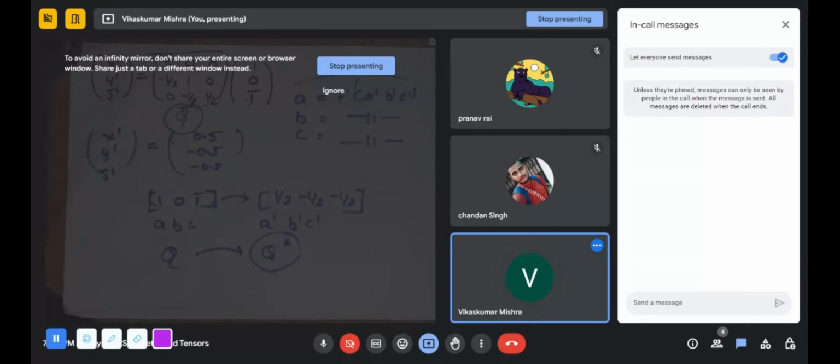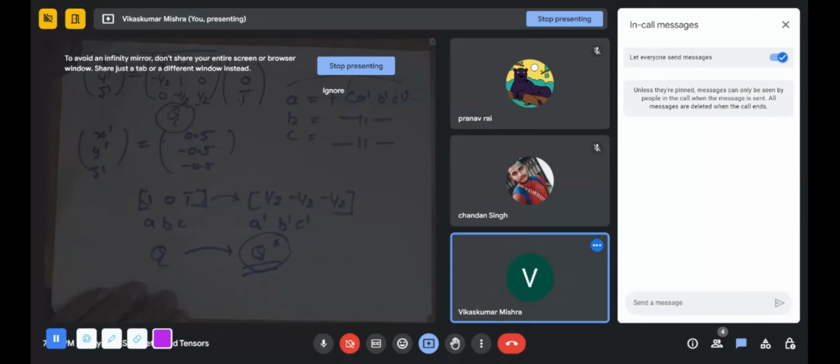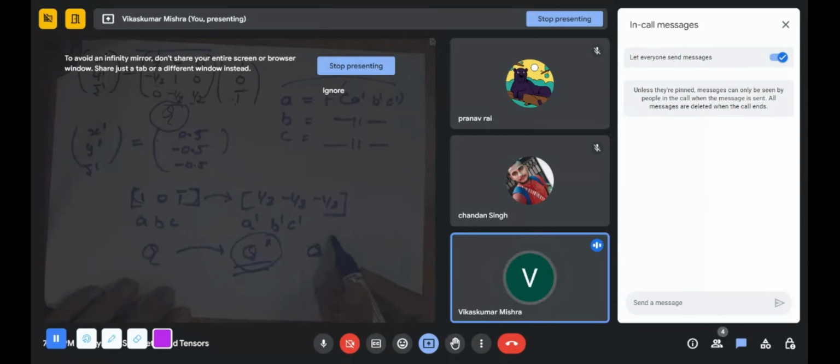So how do we find this Q star? Just like the metric tensor, the Q star in reciprocal space is also the inverse of the real. So in order to find this Q star, we will find the inverse of the Q.